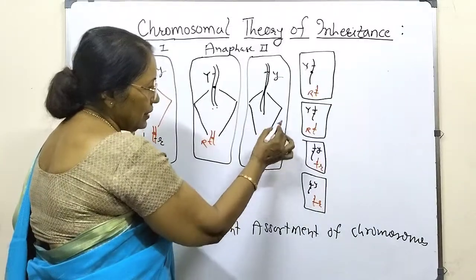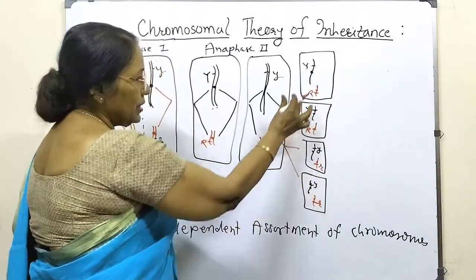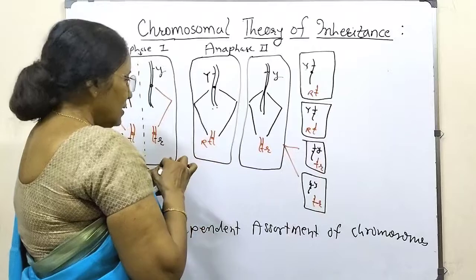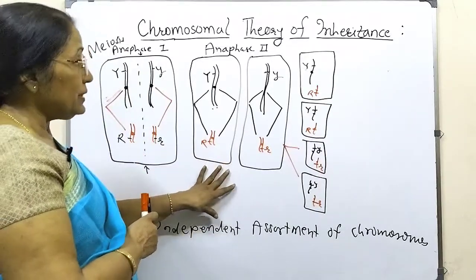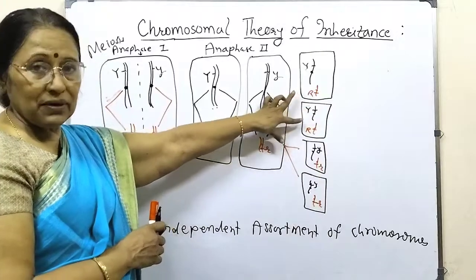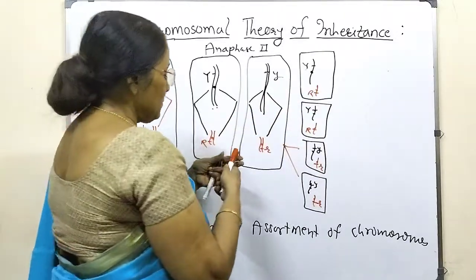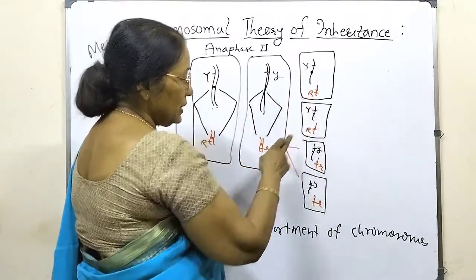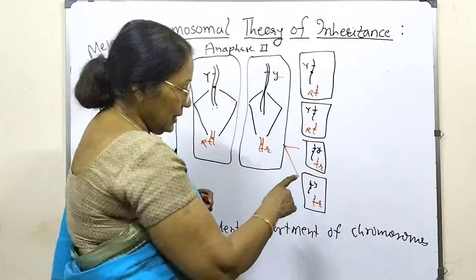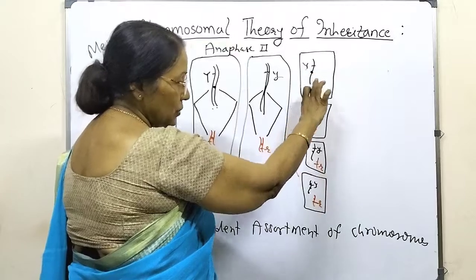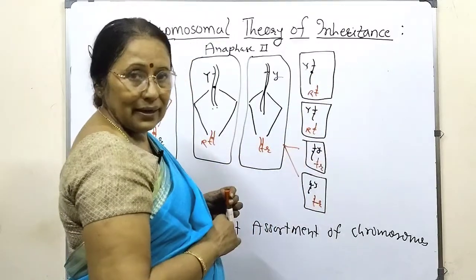These two are formed from this cell and these two are formed from this cell. This is one possibility. This is possibility 1 where 2 types of gametes are formed. What 2 types? These 2 are yellow round and these 2 are green wrinkled.